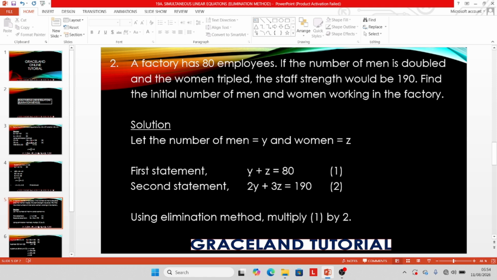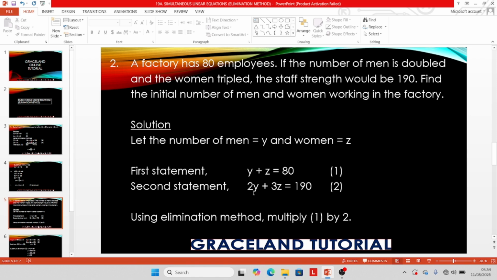So if the number of men is y, then if it is doubled, it is going to be 2y. And the number of women tripled, the number of women z. So if that z is tripled, that is going to be 3 times z, and that will give us 3z.